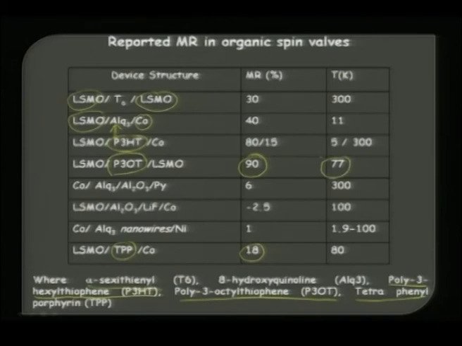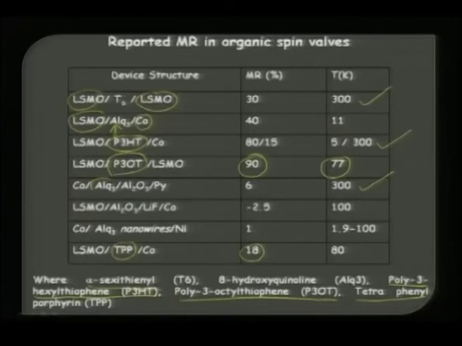What is important is these three device configurations where you can achieve the TMR property to a greater extent at room temperature. That is important because for fundamental applications you need TMR properties at room temperature, where you can clearly see organic molecules coming into the picture. P3HT is used, thiophene is used.